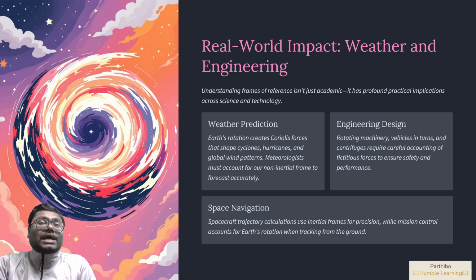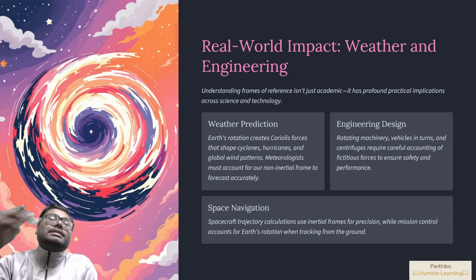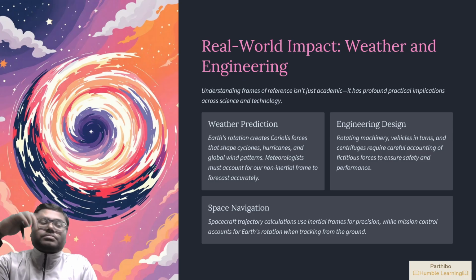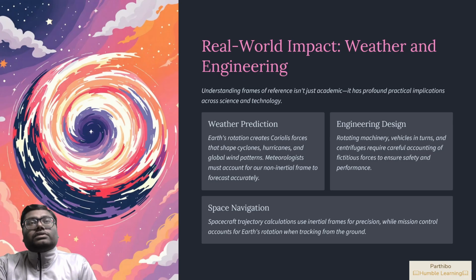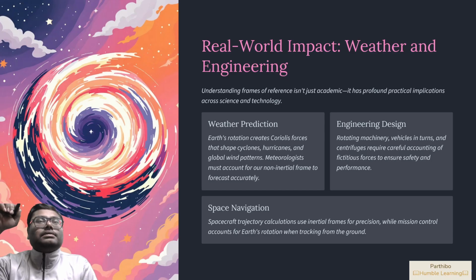Meteorologists must account for our non-inertial frame to forecast accurately. Nowadays, satellites can take pictures from space, and by analyzing those pictures, we can predict how the cyclone will form and how it will go.